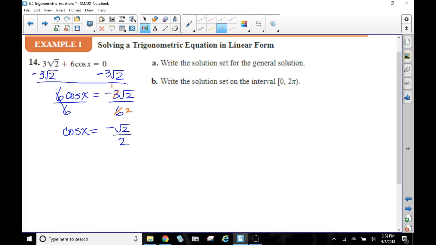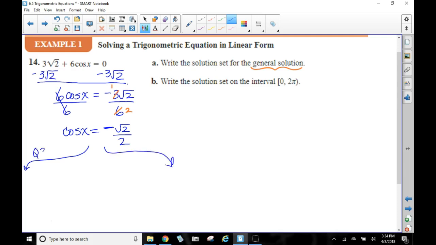Okay? Now, we want to say what are all the values of x. All the values of x is going to be the general solution, where we have a cosine for those values of x that's equal to negative square root of 2 over 2. Now, you all know that's going to be happening where cosine is negative. Think about what quadrants.